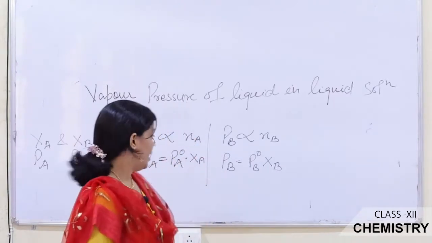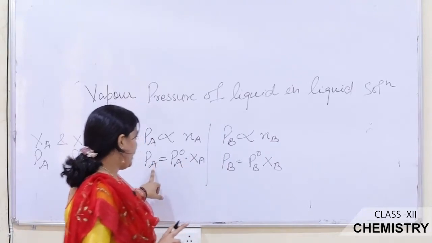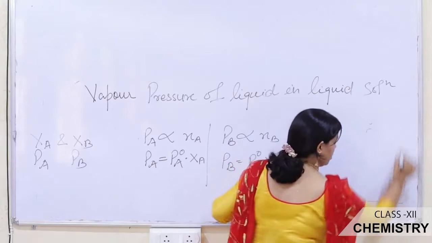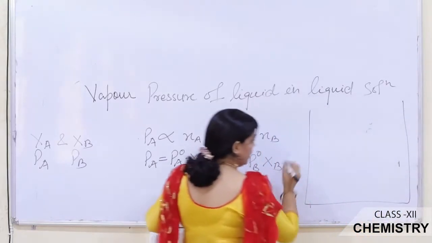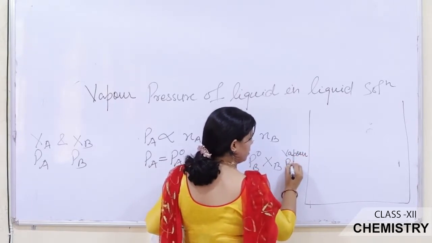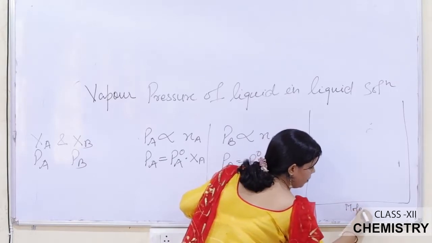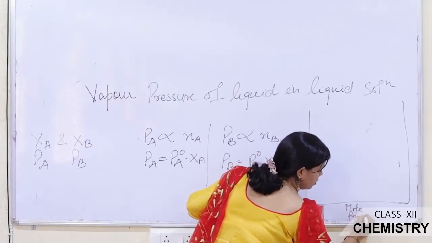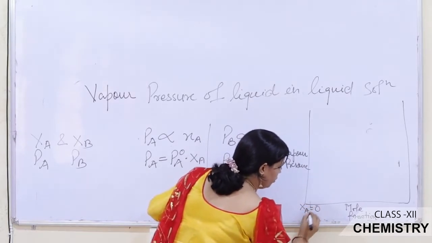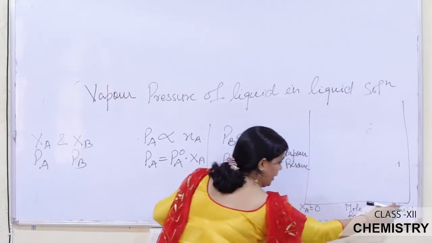So students, according to Raoult's law, when we plot Pa against Xa, here vapor pressure is represented on this axis, and on this axis we represent the mole fraction. Here Xa is equal to 0 and Xa, the mole fraction of component A, is 1.